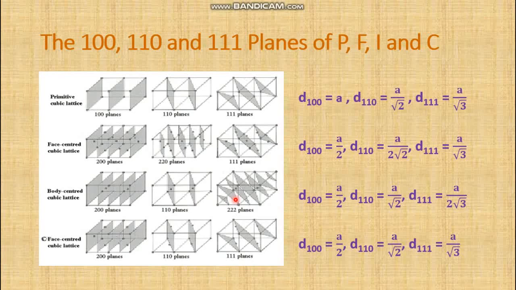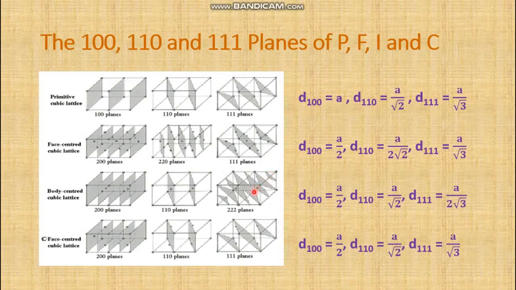So how to draw? This plane and this plane and this plane, these three are common with these two, isn't it? But in between you have to insert 4 more lattice planes. This one, this one, this one and this one.